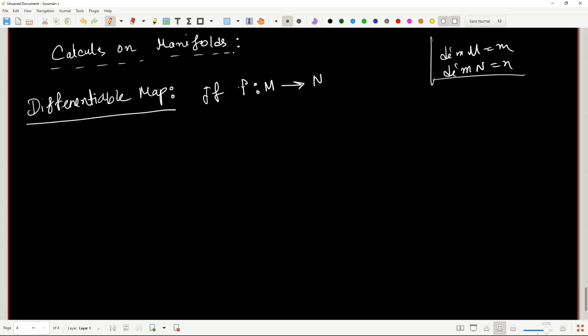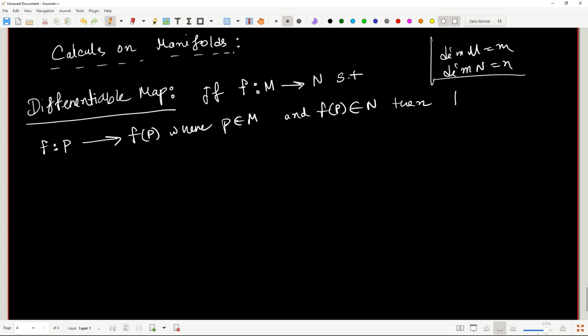So if I can introduce such a map that takes elements of the manifold M to elements of the manifold N, such that any point P on manifold M goes to f of P, and f of P will belong to N.